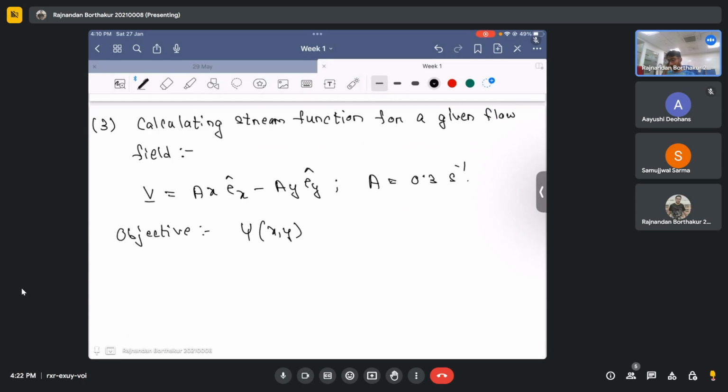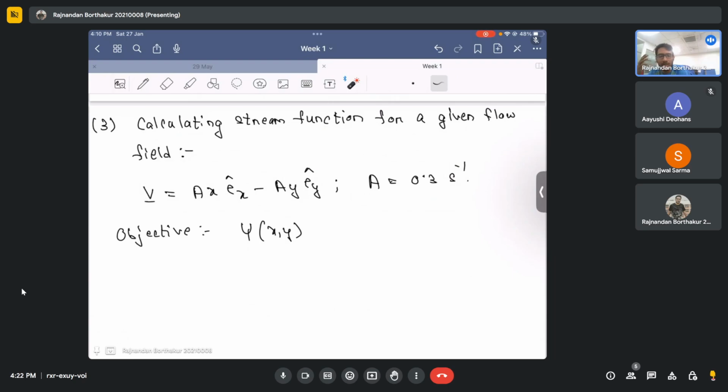This is a relatively simple problem, which is associated with the stream function, of course. The question is asking us to evaluate the stream function for a given flow field. The velocity field is given: the x component is ax ex, where ex is the unit vector in the x direction, and the y component is of course minus ay ey, where a is just a constant with a magnitude of 0.3 second inverse.